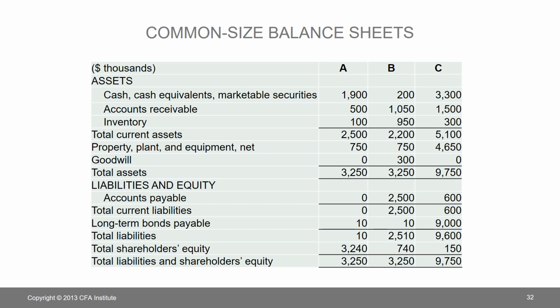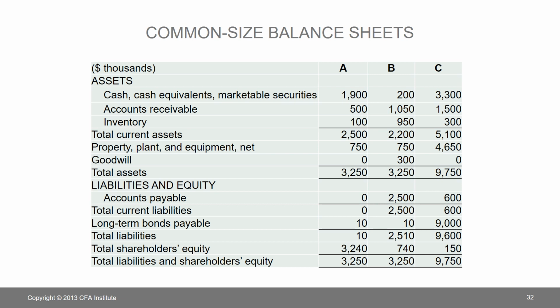You can see that company A and company B, each with 3,250,000, are smaller as measured by assets than company C, which has 9,750,000 in assets. So how can an analyst meaningfully compare the financial position of these three companies against each other? Through the use of common size balance sheets.